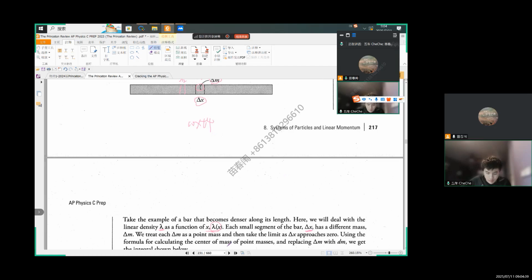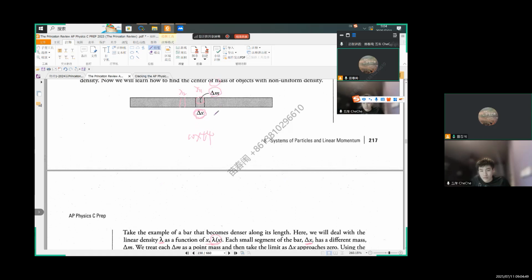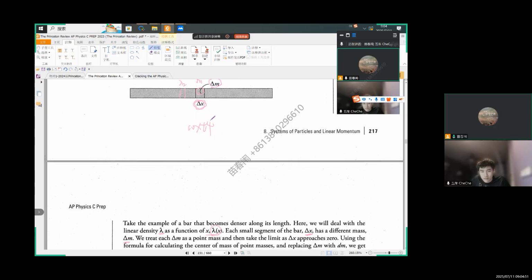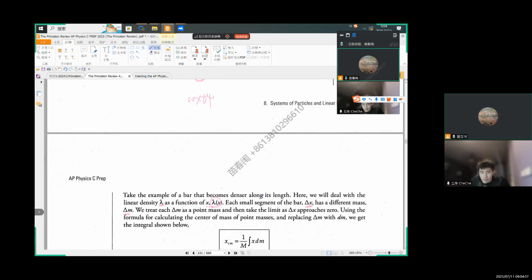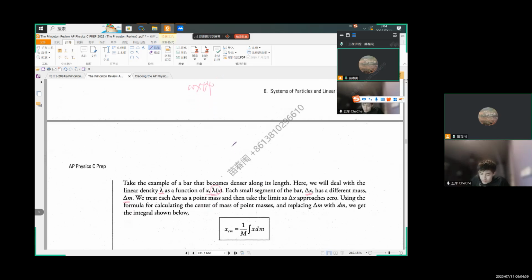So for each little delta x, we're going to have a corresponding delta m, right? It's basically what the rho is here. Each little delta x corresponds to each little delta m. And remember, now we can see I have a lot of delta m times a lot of delta x, and we sigma find out the sum.